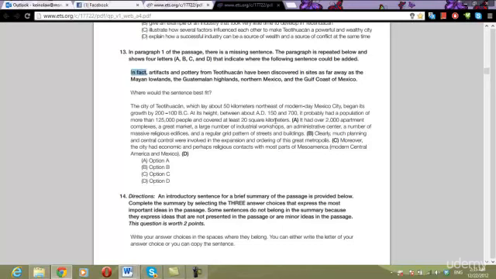Choice A is going to be incorrect, because the previous sentence mentions nothing about artifacts and pottery being found or discovered in sites far away.